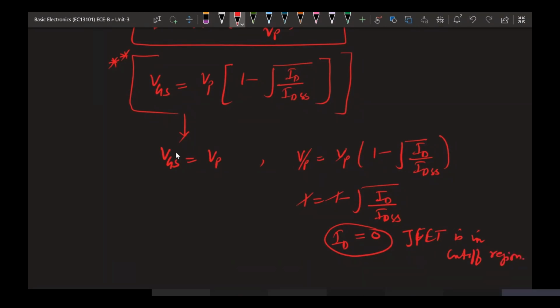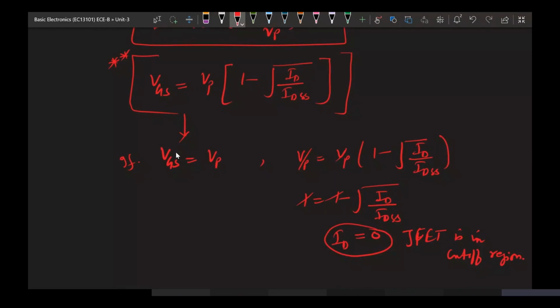So when we put VGS equals VP in the equation defined by Shockley, that is the Shockley equation, by putting this value, we can see ID is going to be 0. That means this is the condition for JFET to be in cutoff region.